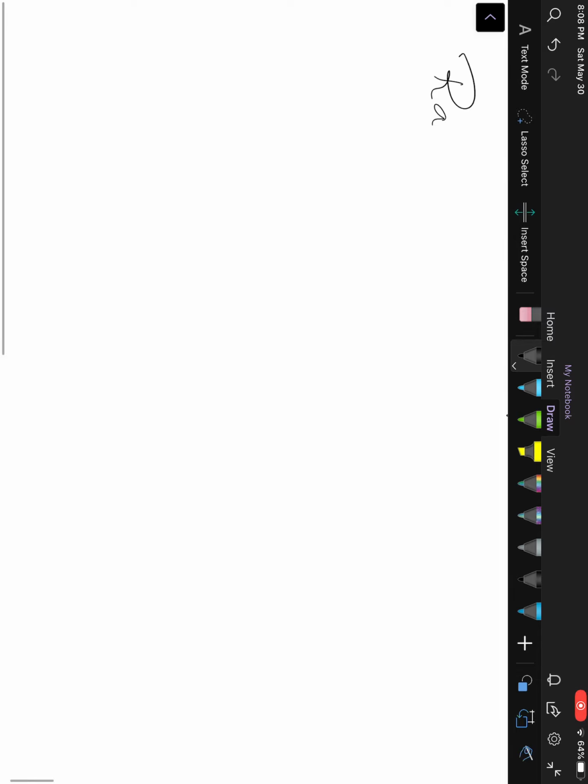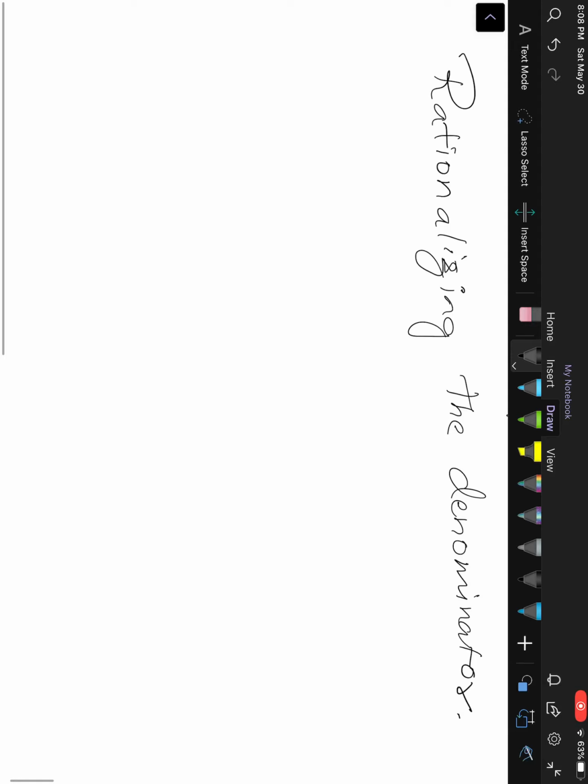Now we shall learn about rationalizing the denominator. When there are radicals in the denominator of a fraction, it becomes very difficult to simplify an expression, especially when taking LCM and so on.